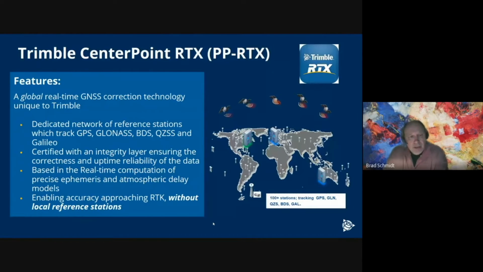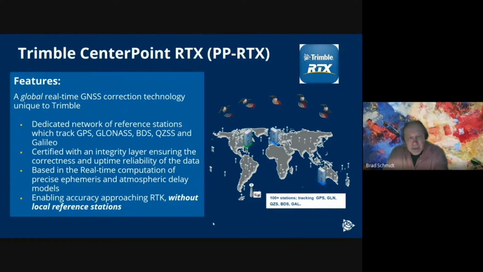The other correction solution that works with POSPac is the post-processing RTX solution, and it tracks virtually all of the different navigational satellite networks out there. It's a very robust solution. It works very well. It works over the internet as well. You can basically connect to this solution.